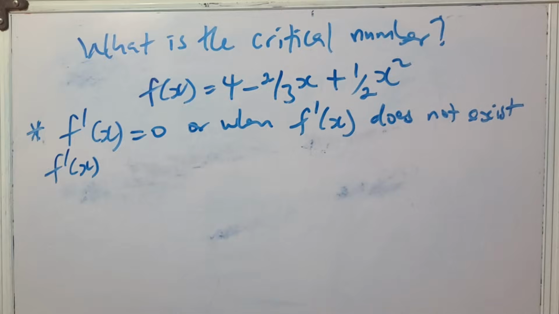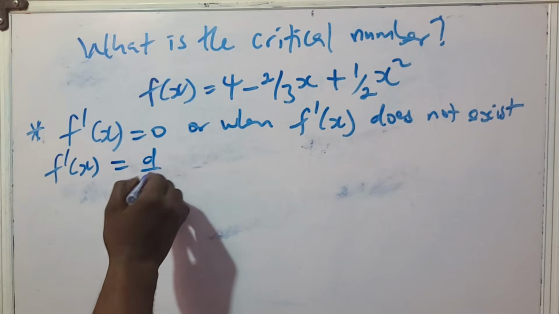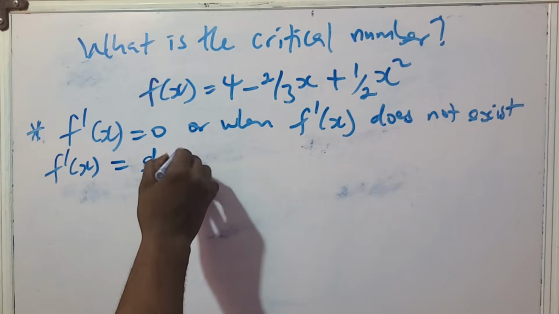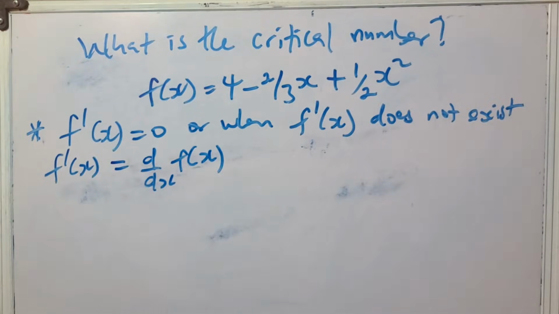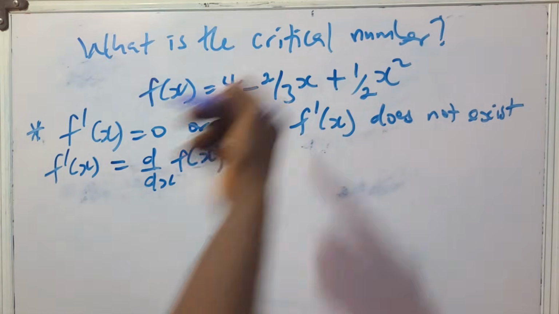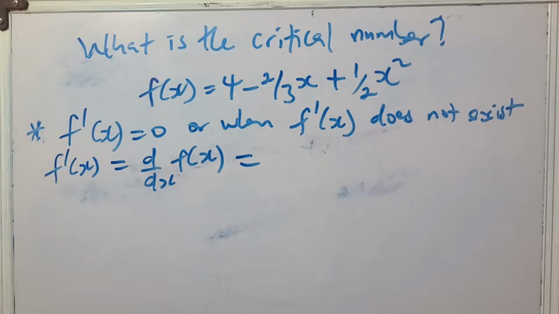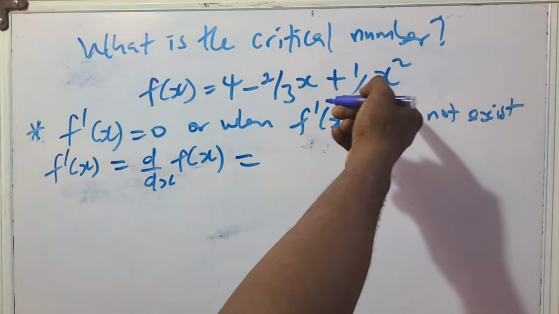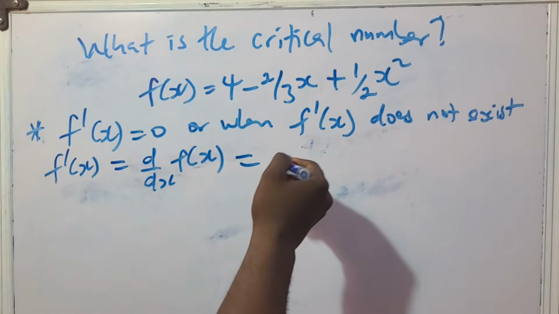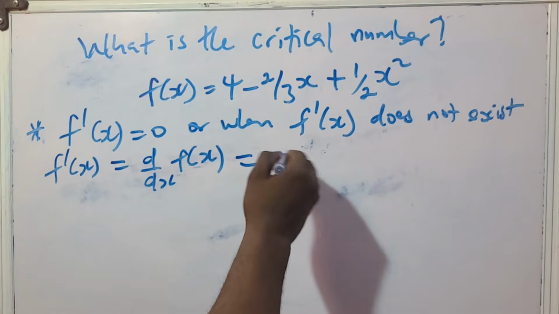So we're trying to differentiate the function. I'm sure you understand the rule of differentiation. To differentiate this, you have to differentiate individually. Differentiating 4, you get 0.